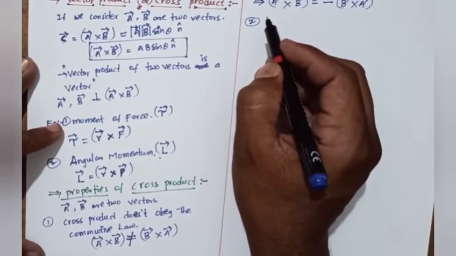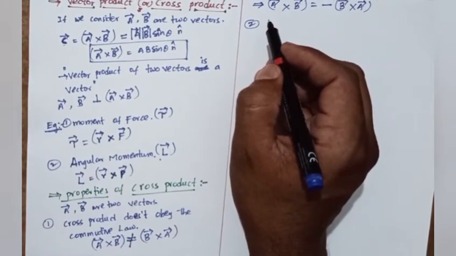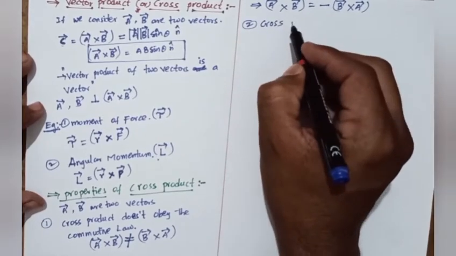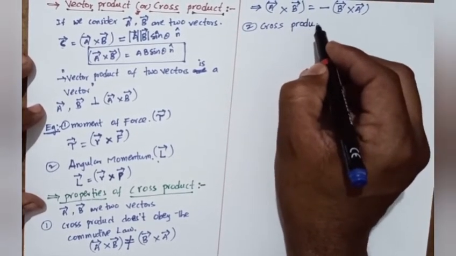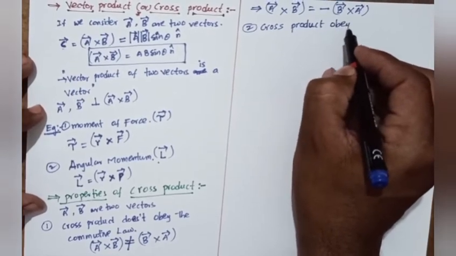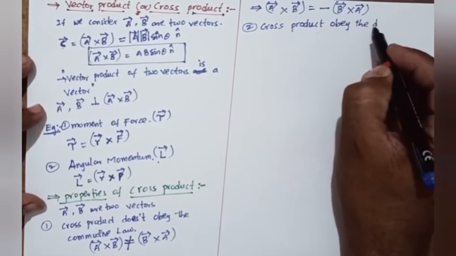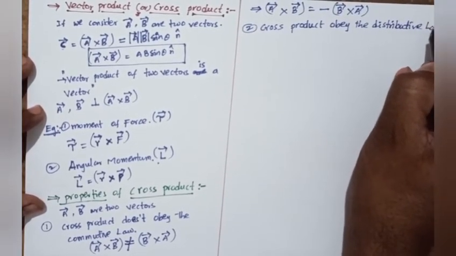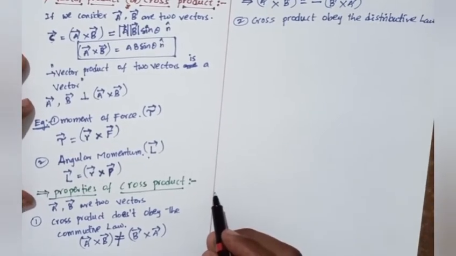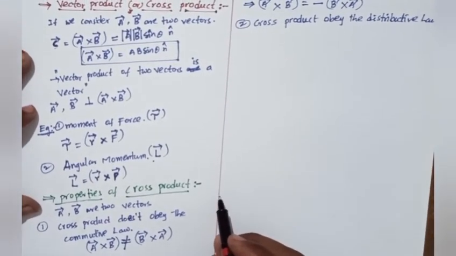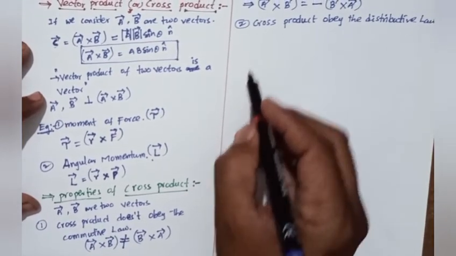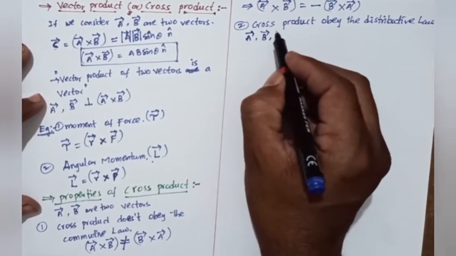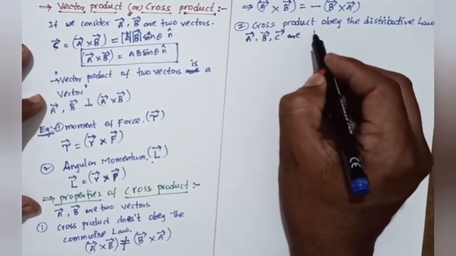The second property: the cross product obeys the distributive law. What is the distributive law? Here we take A bar, B bar, C bar as three vectors.